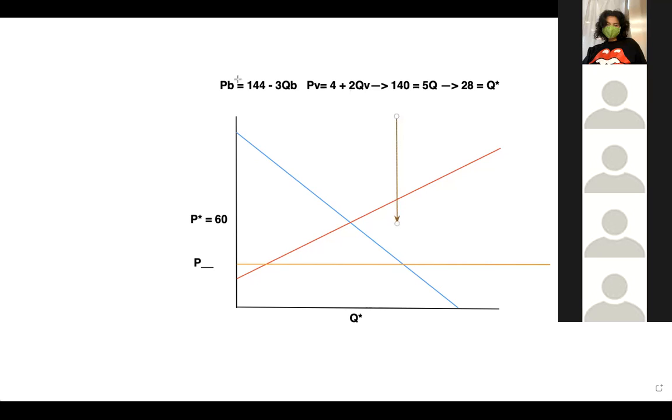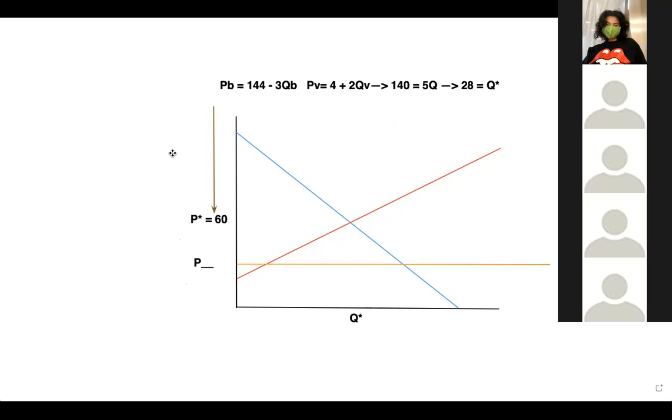Maybe I'm drawing it in the wrong place, so maybe put it over here. Where should it stop? It should stop at the equilibrium, right? And the equilibrium is above the price floor. So this is an example of a non-binding price floor.